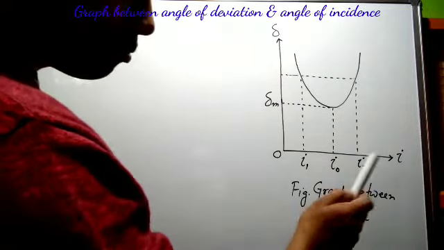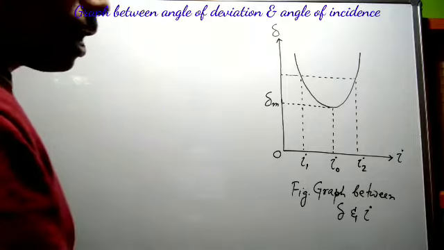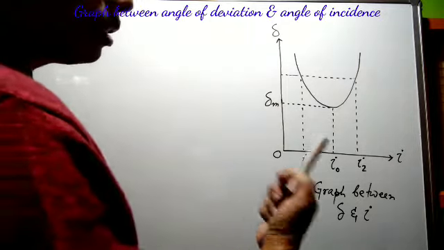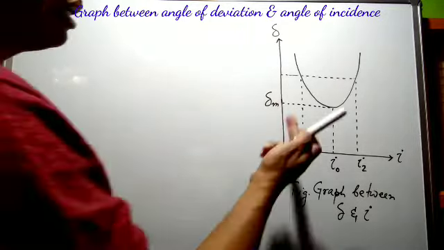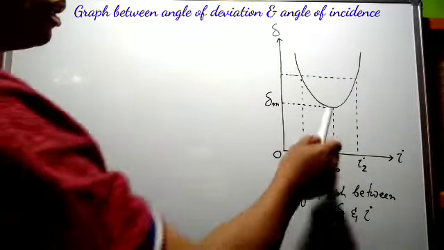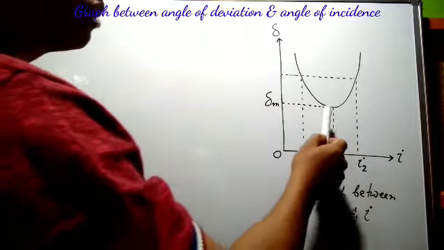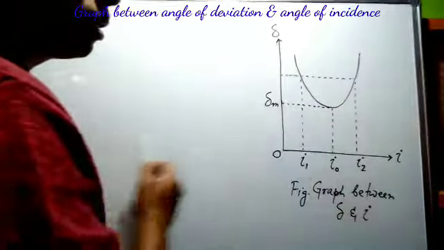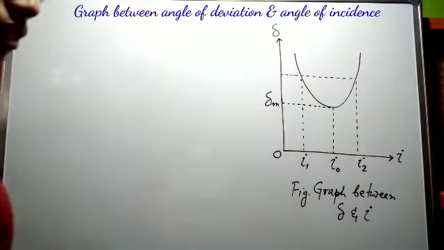Then again, when the angle of incidence I is further increased, that is beyond I naught, delta will start increasing from the minimum value.